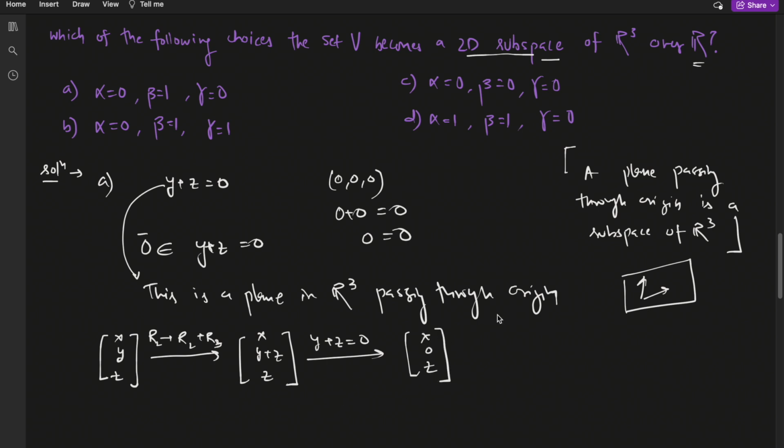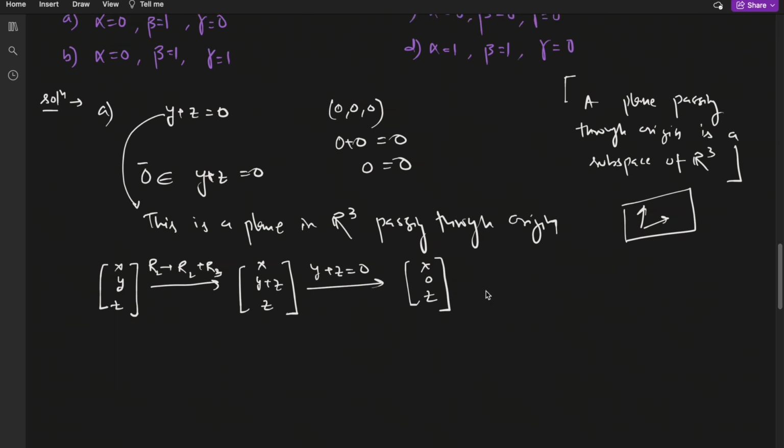Now if I ask you a question, the set of all vectors of this type, where the y component is 0, if this is the xy plane, and let us suppose this is x, this is y, this is z, then the set of all vectors where the y component is 0 is nothing but this, that is the xz plane. So if you take any two such vectors, their linear combination also belongs to that plane.